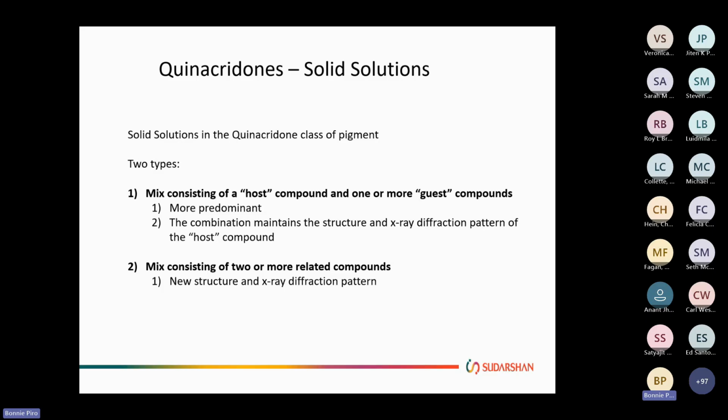If you look at the X-ray diffraction pattern of this one, it looks like the host compound. The other way is just a mix of two or more related compounds. And what that looks like in the X-ray diffraction pattern is that it actually does look like a new compound, a new structure, I should say.